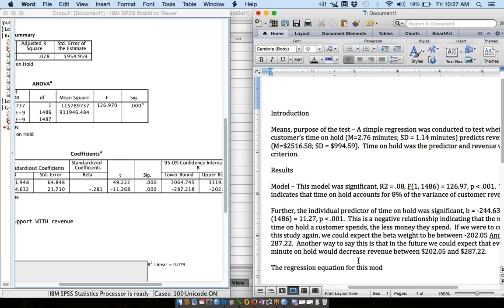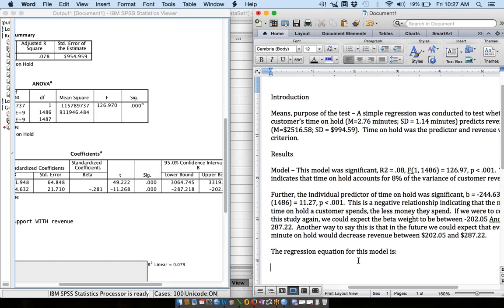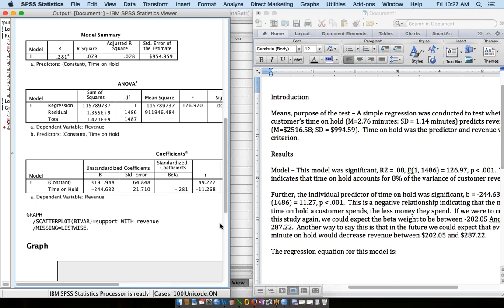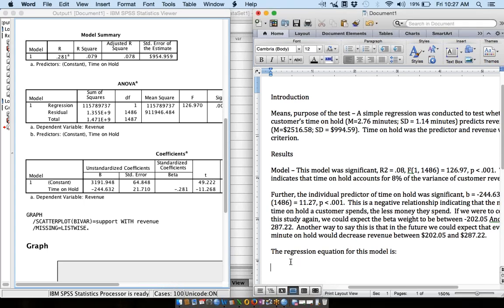The regression equation for this model is, and here I'm going to use the two numbers here, the unstandardized coefficients under the B. And my equation is predicted revenue equals B, so that's the DV or the criterion, equals the constant B sub 0, which is 3191.948.